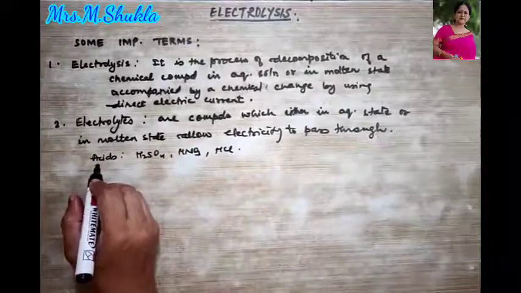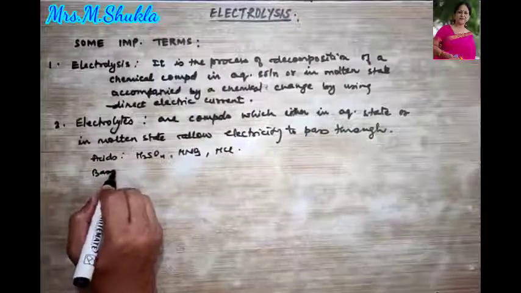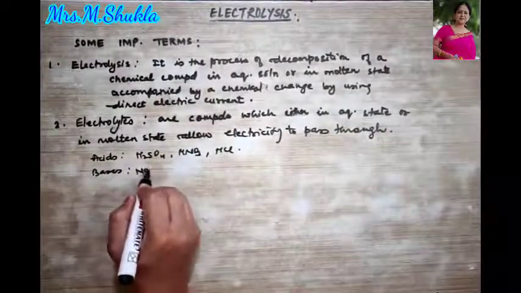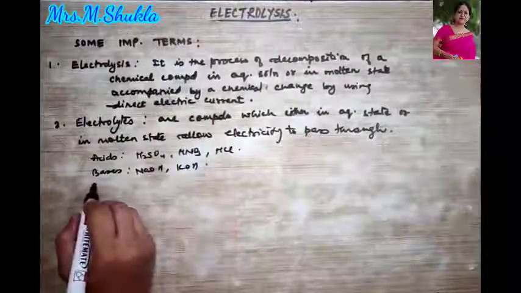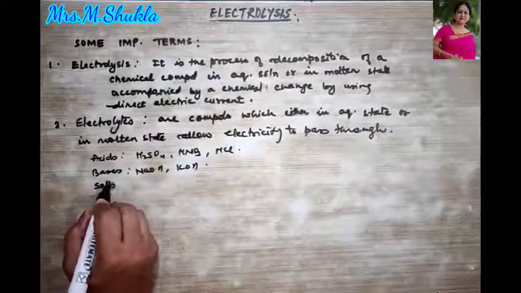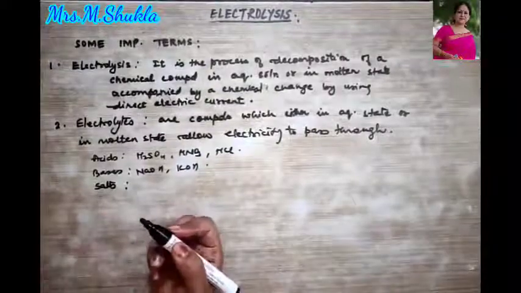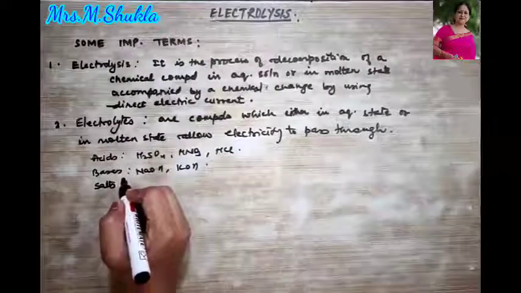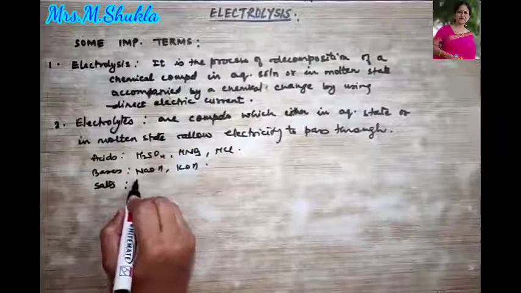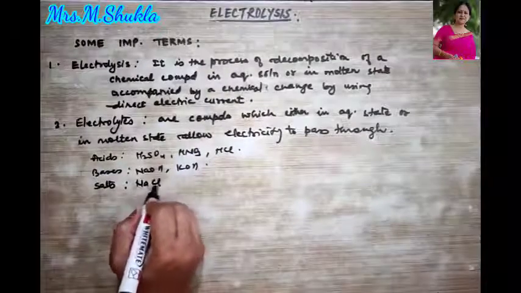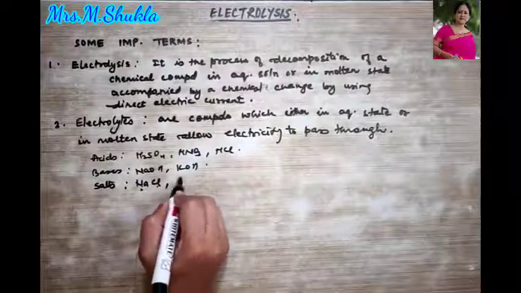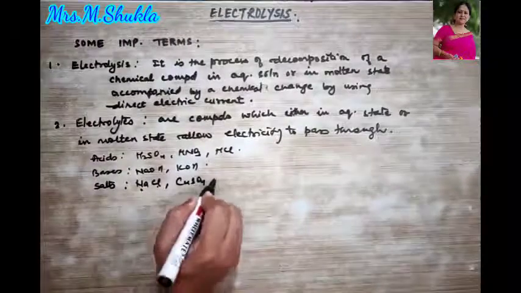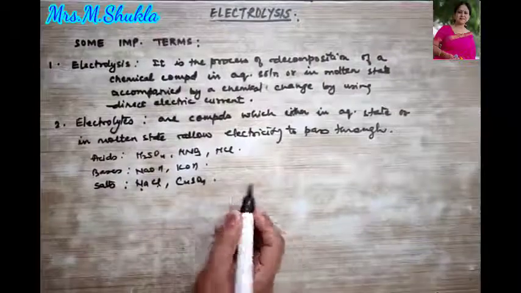Then some more electrolytes in the form of bases, like NaOH, KOH, etc. Then the salts of strong acids and bases, right? For example, strong base and strong acid form NaCl. This is a good electrolyte. Similarly, CuSO4 and so on, right?